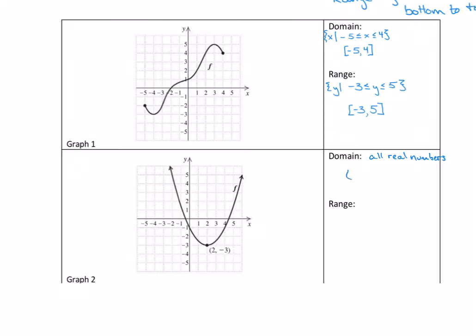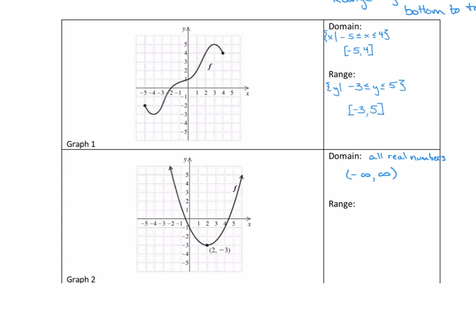If we wrote it in interval notation, this is negative infinity to positive infinity. All right, that is our domain. So be very careful when you see these arrows. Note that they don't stop, they do keep going.